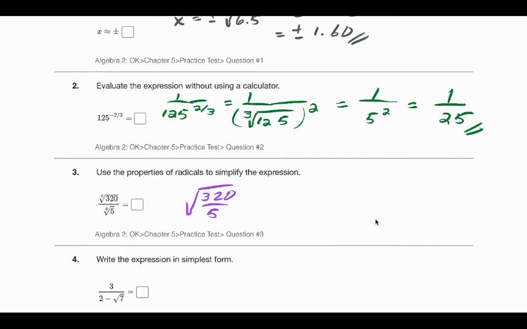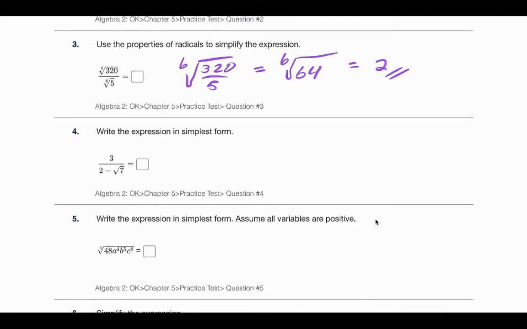So I'll have the 6th root of 320 divided by 5. Well, 320 divided by 5 is 64. So if we take the 6th root of 64 and plug that into our calculator, we'll find that it is equal to 2.